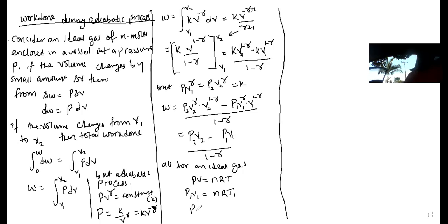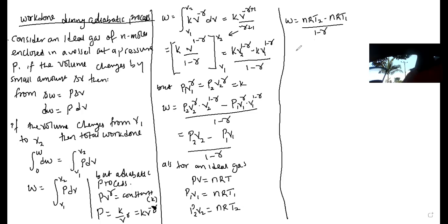Then P2 V2 will be equal to nR at temperature T2. With that, when you substitute, you'll have work done is equal to nR T2 minus nR T1 divided by 1 minus gamma.